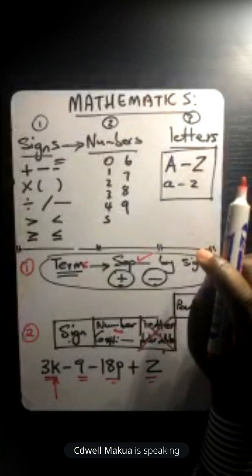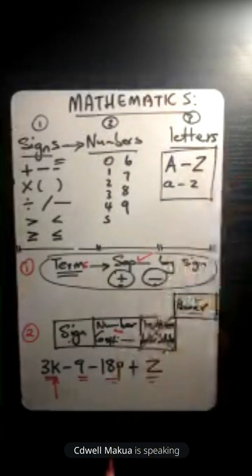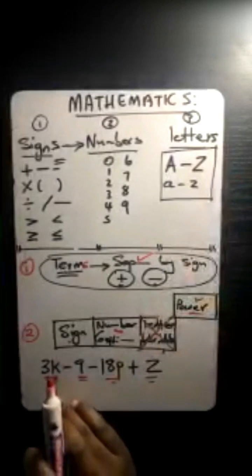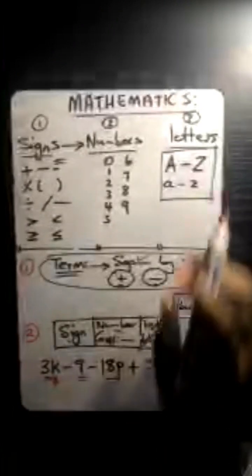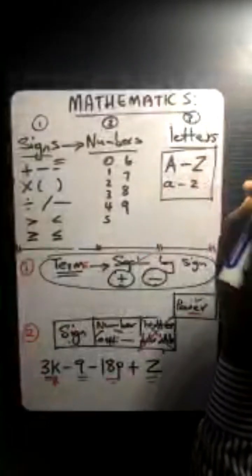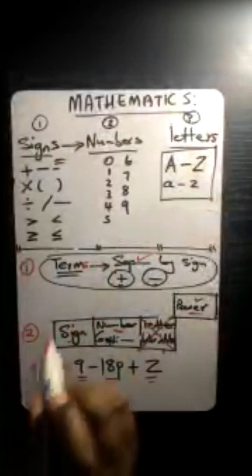And then we have negative 9. Okay, yeah, it's 9. But wait, so let's say, you see a letter, does it have a positive or a negative? The sign of the positive belongs to a number.